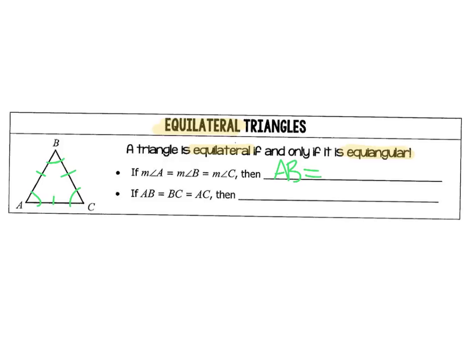So the measure of AB is equal to the measure of BC is equal to the measure of AC because it's equilateral. And if the sides are equal, then the measure of angle A is equal to the measure of angle B is equal to the measure of angle C. So if it's equilateral, it has to be equiangular, and vice versa.